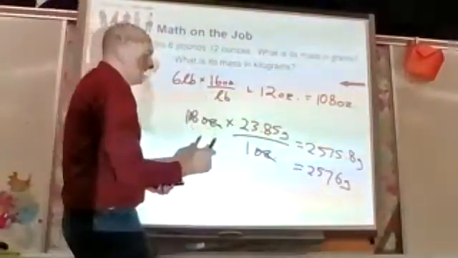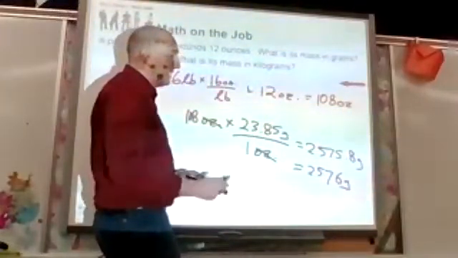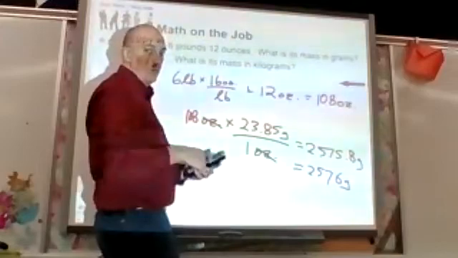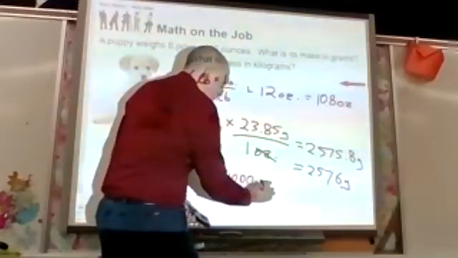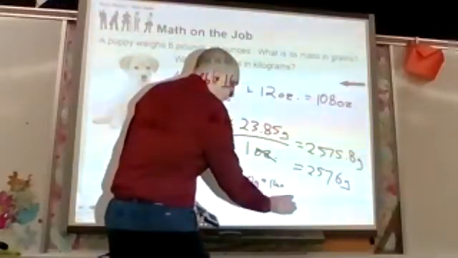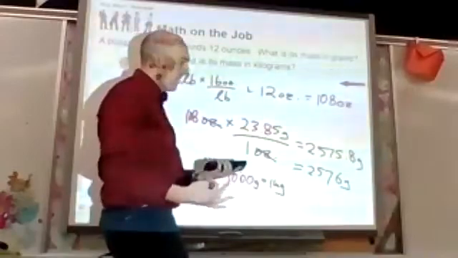What is its mass in kilograms? How do I convert this into kilograms? Well, remember, with the metric system, it's easy. There's 1,000 grams in 1 kilogram, and I'm going to have a lot fewer kilograms, so I know I'm going to divide by 1,000.